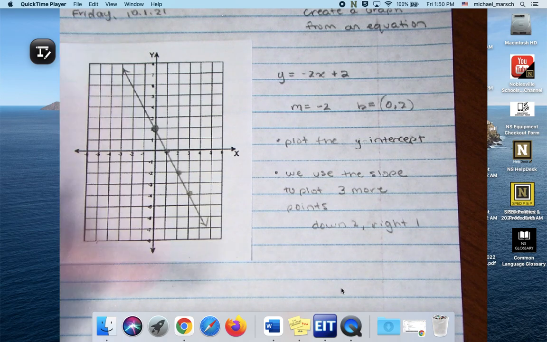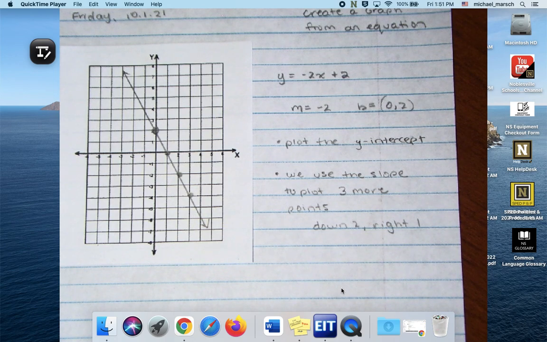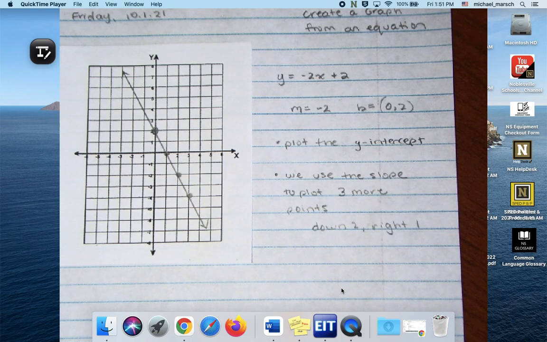And that's how you use an equation to create a graph. You identify the slope and y-intercept, plot the y-intercept, and then use your slope to plot, if you can, 3 more points. If you can't, I mean, that is what it is, if your slope has very large values. We'll do one more.